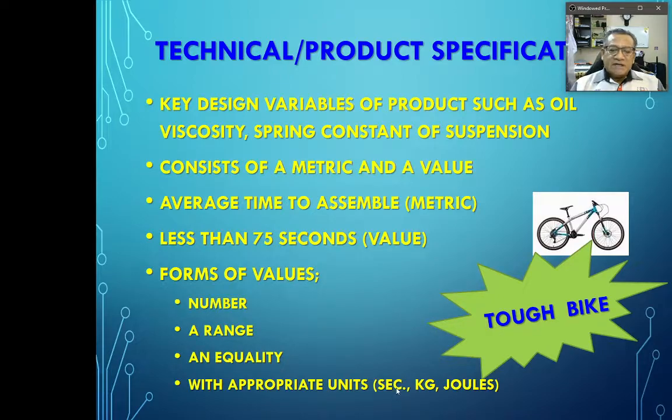For example, in seconds, or in kilograms, or if it is energy, in joules, right? So this technical or product specification must be very specific in order for us to design a very suitable product that meets customer expectation with its respective price and with its expected performance.